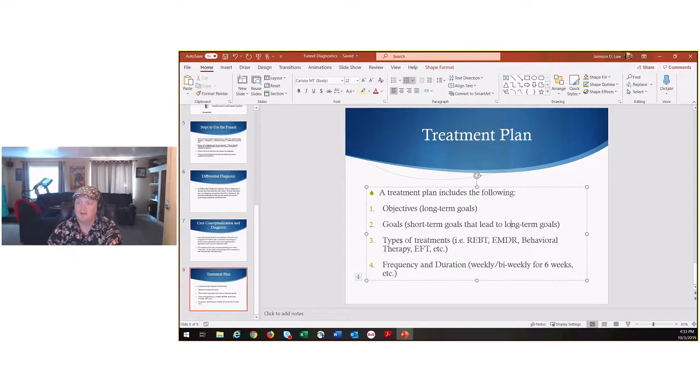And then you've got types of treatments. Part of your goals is you actually say how you're going to do it. So let's say you have 3 goals, and the first goal is to decrease those symptoms of trauma. Well, that means you have to use specific treatment methodologies or techniques that are made and researched to address those trauma symptoms.